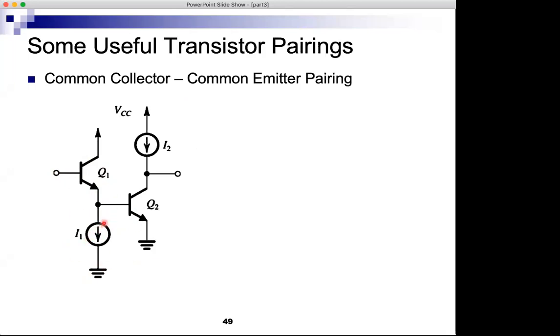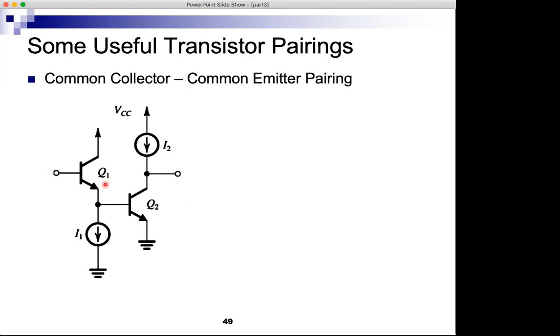This is an open circuit for small signal AC analysis, but we need to find what is connected here. What is between the emitter of Q1 and ground is what's between the base of Q2 and ground, and that is R pi 2. So what we see at the input is R pi 1 plus beta plus 1 times R pi 2.